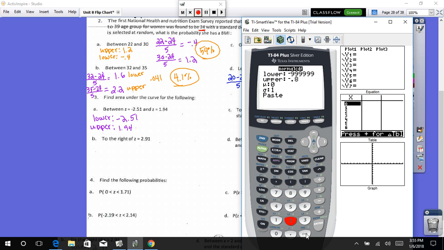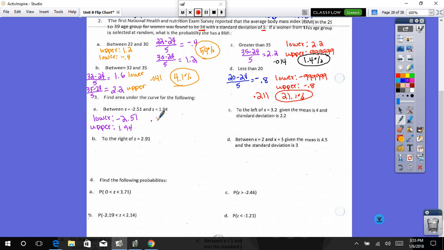So my lower is negative 2.51, upper 1.94, and that is 0.967, or 96.7%.